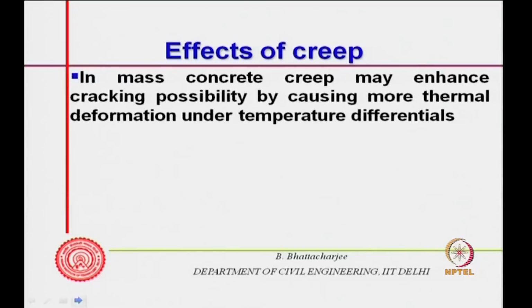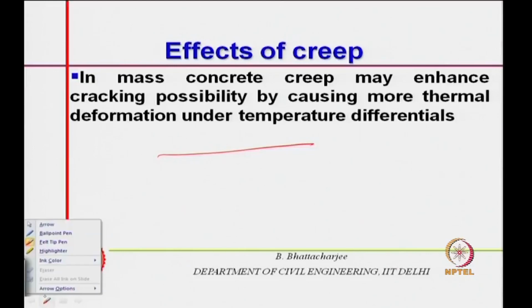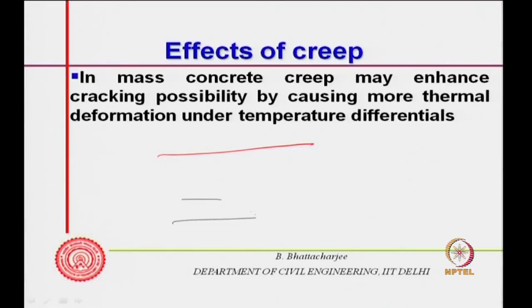Then in mass concrete, of course, creep may enhance cracking, possibly by causing more thermal deformation under temperature differential. Now, in mass concrete, the cracking comes because this is your top surface of the concrete, and let us say this is your bottom concrete.